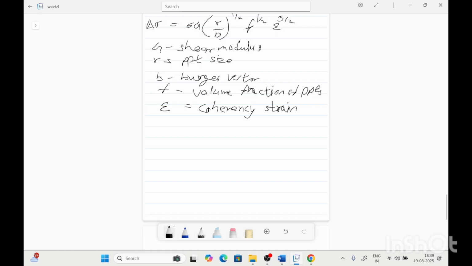Then another type of strengthening mechanism related to precipitation hardening is the stacking fault energy. That is, how the stacking fault energy of the precipitate and the matrix are different.